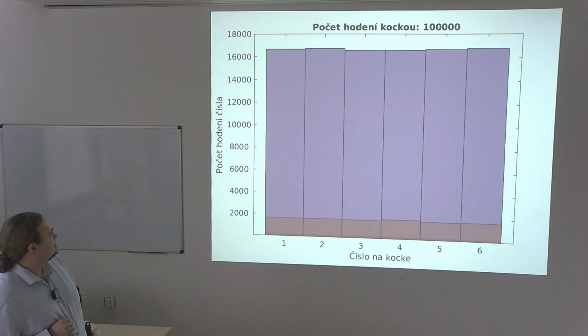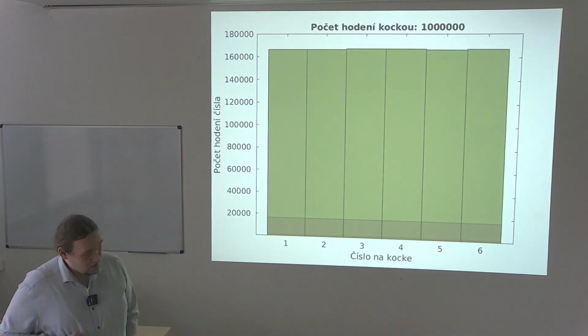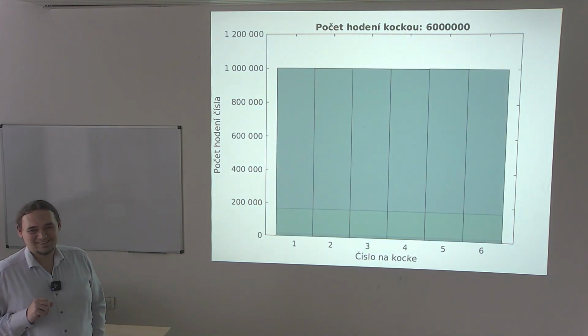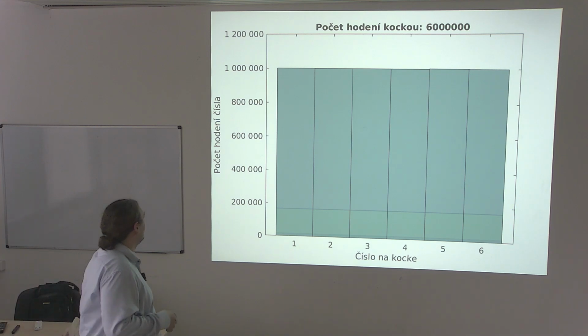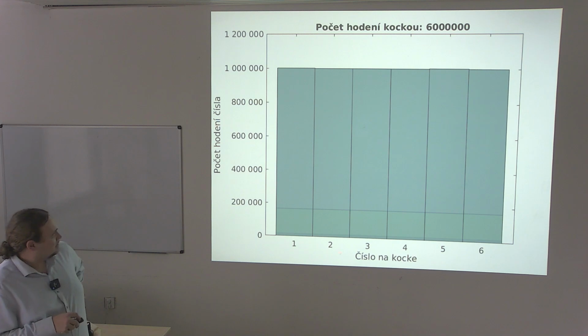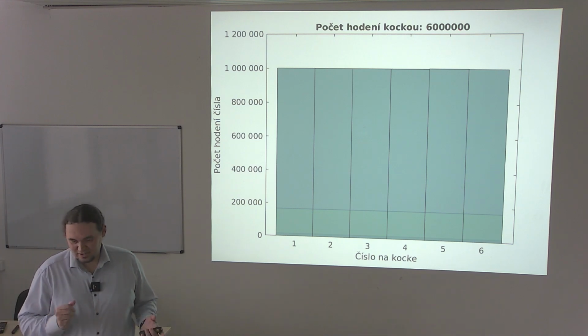Now we go to 100,000. They are really equalizing. Million. Not bad, and such that our math is easy, let's just do 6 million attempts. With the 6 million attempts, where do we land? We actually start to see quite nicely that each of our numbers on the dice is equally likely, and we get 1 million ones, 1 million twos, 1 million threes if we are throwing the dice 6 million times.